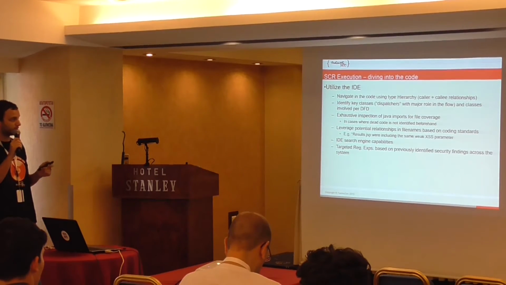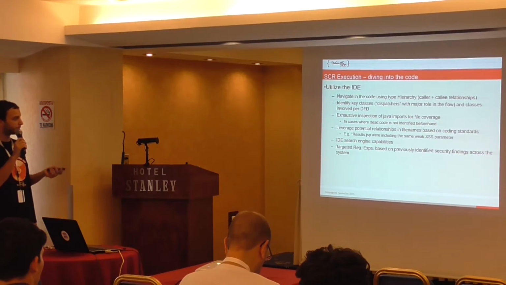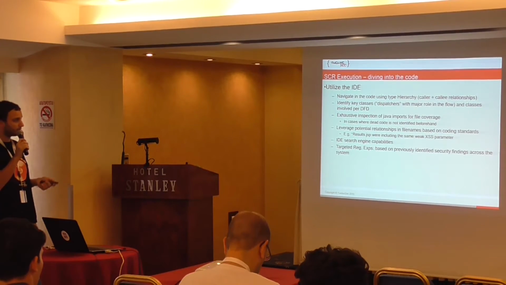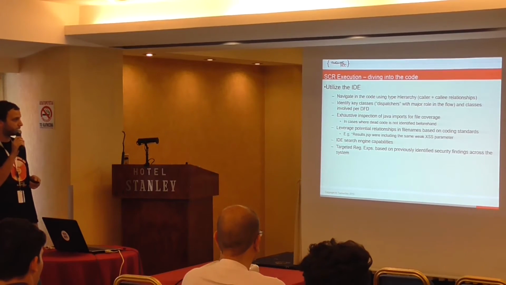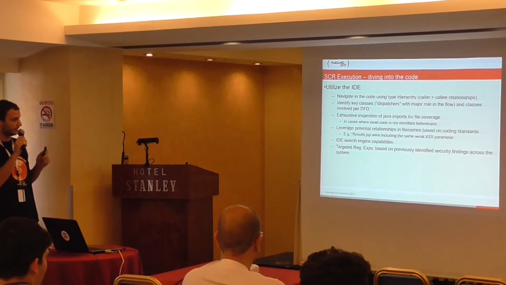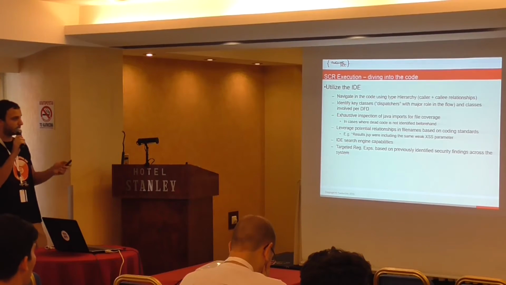Perform an exhaustive inspection of the imports or the includes, depending on the kind of code that you have to review. This is an important part of the process if you're not sure about the dead code and the active code inside the project. Also, different parameters and different relationships between file names can be utilized.